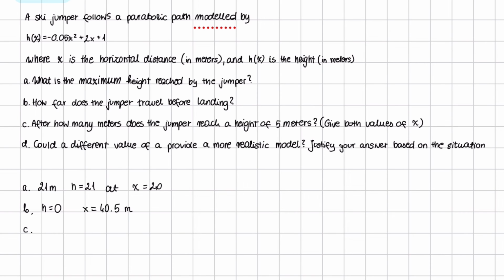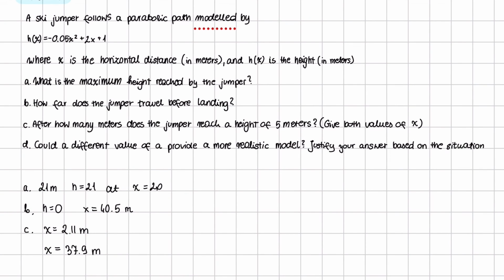And when we are entering the y value, our y is 5, and you can observe that our x is 2.11 meters, and the second x, because our jumper reaches this height 2 times, is 37.9 to 3 significant figures, and of course units, meters.